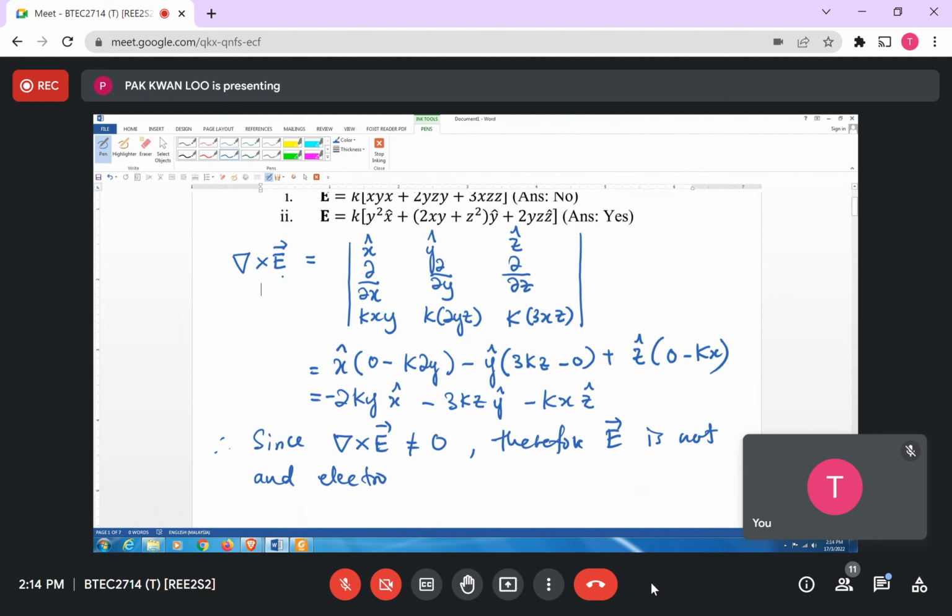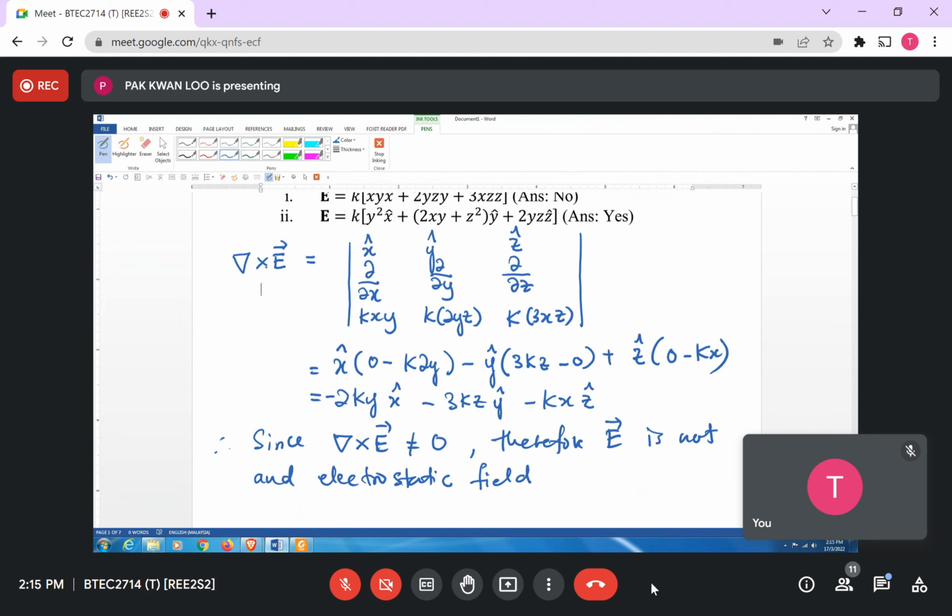It can be an electric field, but it is not an electrostatic one. So as I said, it can be an electric field.